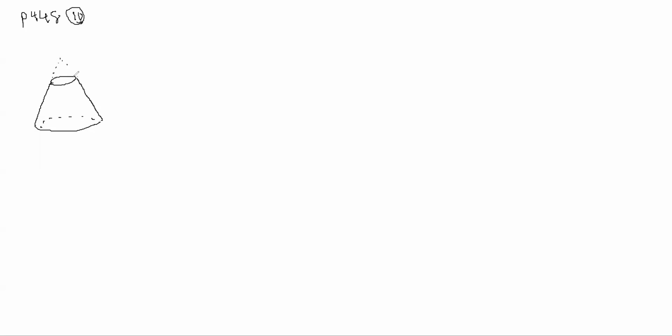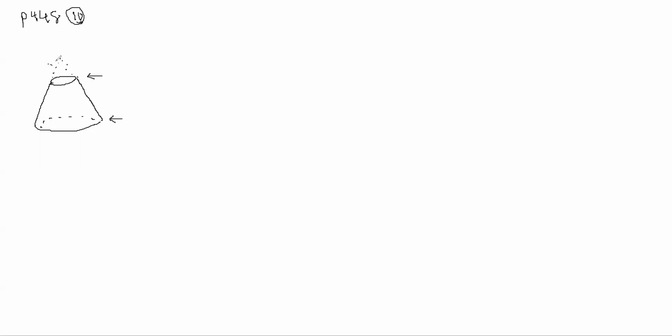Okay, so that part has been chopped off. And please note that this circle is perfectly flat and parallel to the base, parallel to the floor, so you don't have to worry about any slants or angles. Calculate the surface area of the frustum to the nearest square meter.